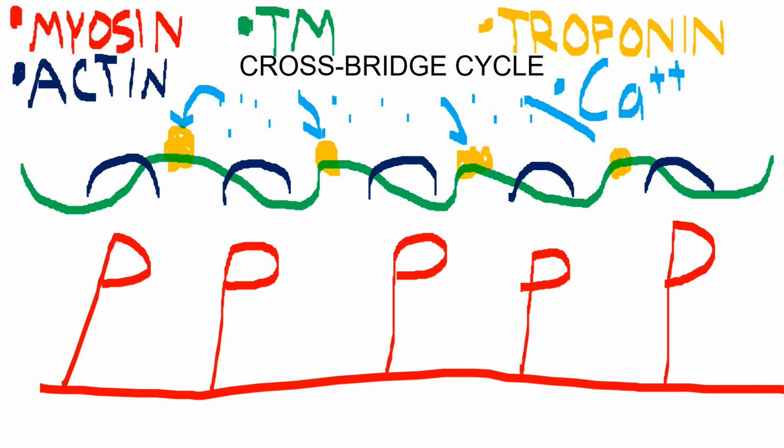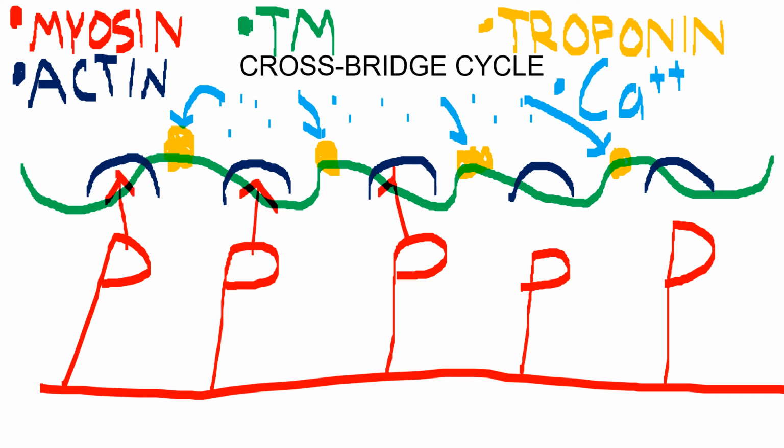The troponin is what's going to help us temporarily move the tropomyosin out of the way. My eraser is not working, but just picture with me that the green rope would be temporarily rotated so the myosin and actin can actually get together.